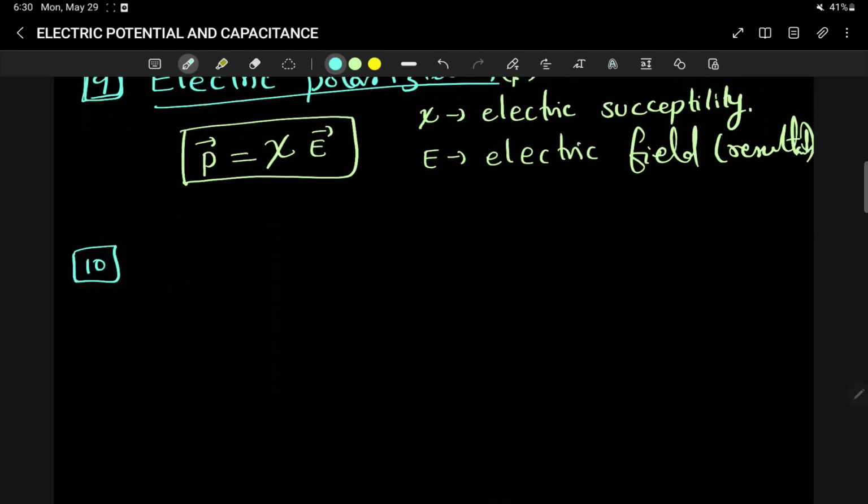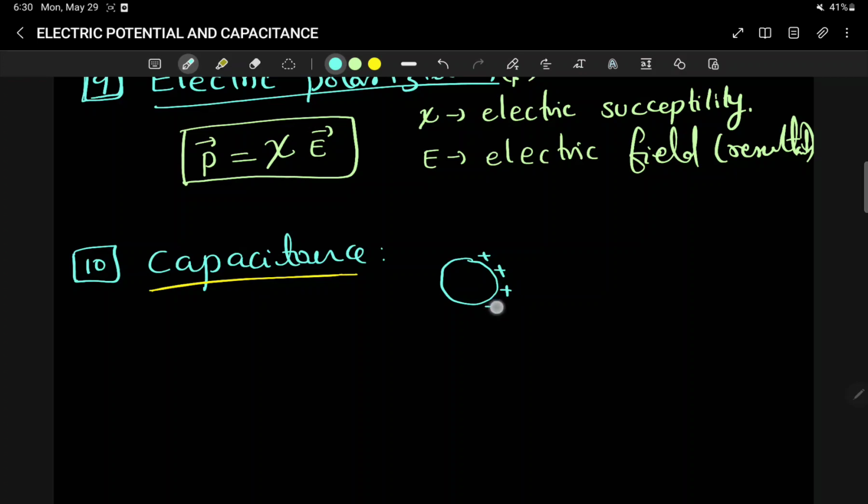Capacitance of a capacitor is given by, okay, so if we consider there is a capacitor here, a spherical capacitor, which has some charge stored on it. What is the extent to which it can store charges?